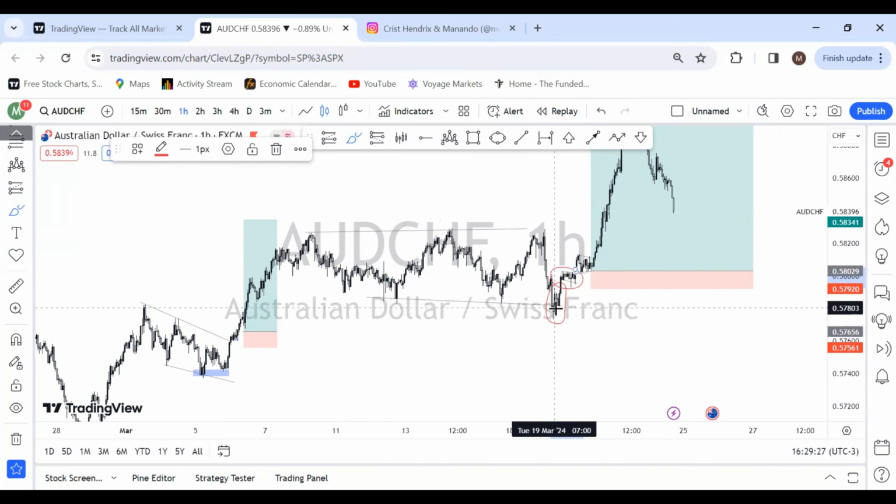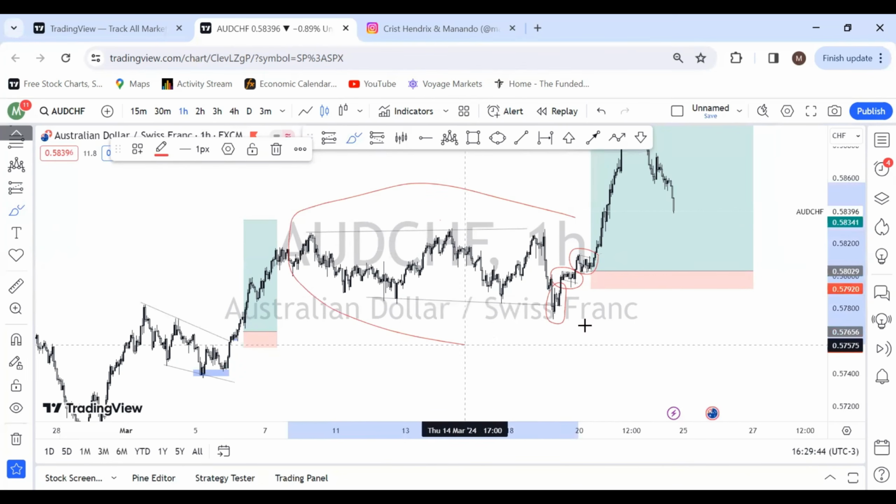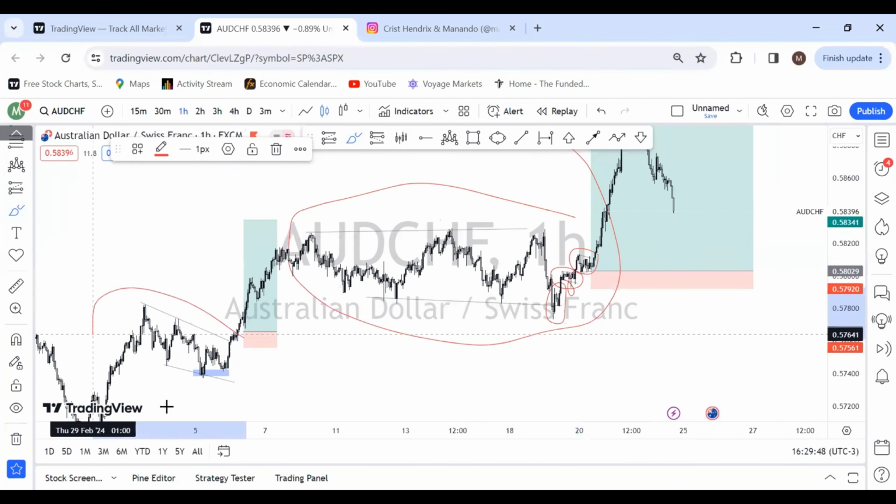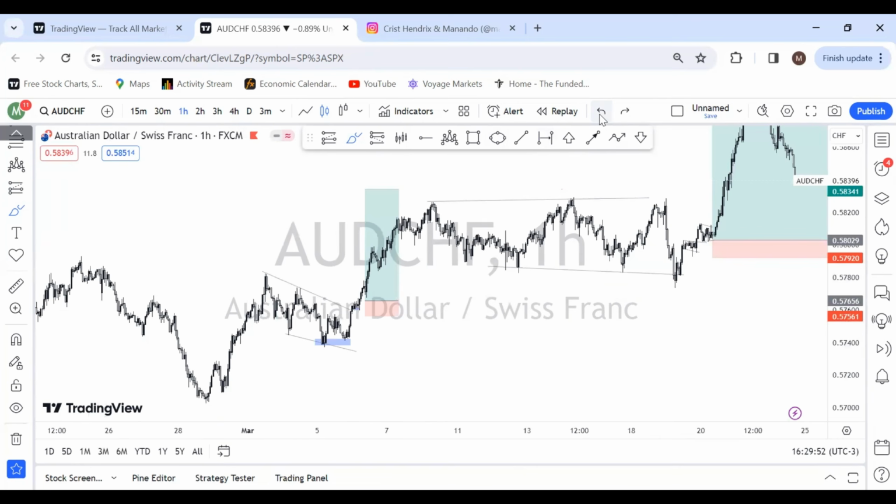So if you did miss the initial entry right there, you could have entered this correction or the second correction. So you can see the price is just repeating itself from the big correction to the small corrections and these corrections right there. So it's just the same thing.